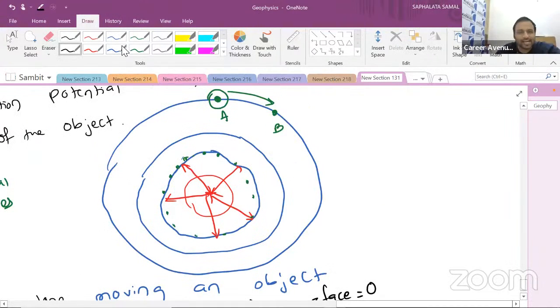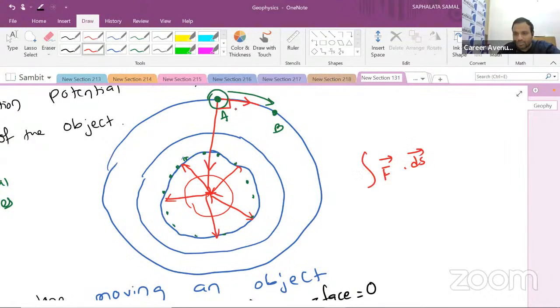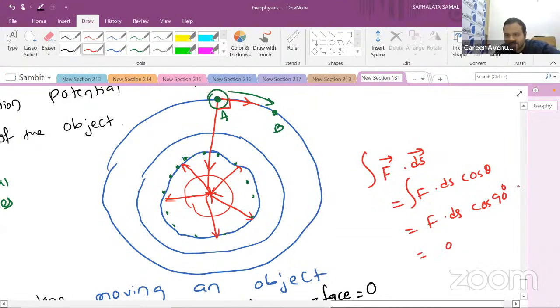The gravitational force is acting towards the Earth's center. The Earth is attracting this towards the Earth's center. The displacement is tangential. What is the angle between the displacement and the force? 90 degrees. What is the work done? Integration of F dot ds, that is equal to integration of F ds cos theta, F ds cos 90 degrees, the angle between the force and displacement, which will be equal to 0 because cos 90 is 0.